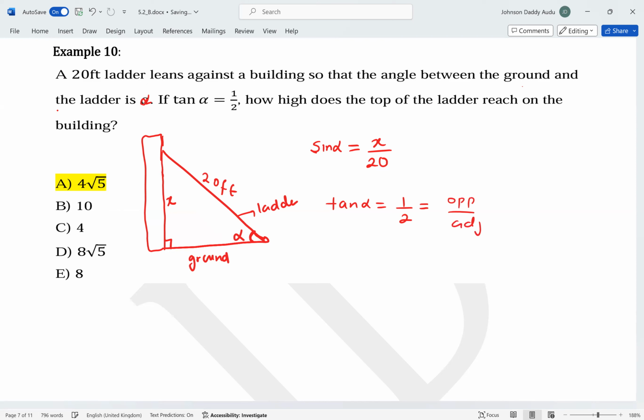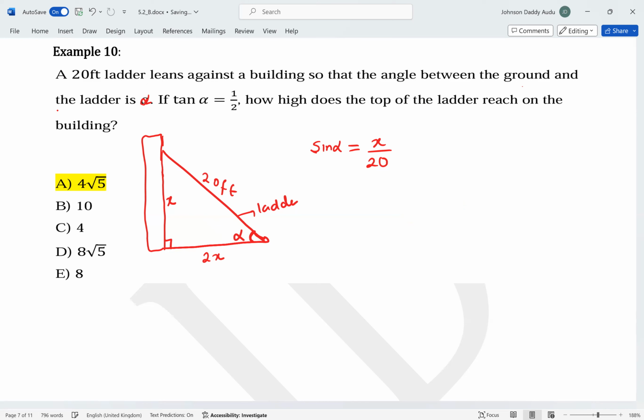So that simply means that if your opposite is x, then the adjacent should be twice of x. We can use this argument, and then we can easily find it.